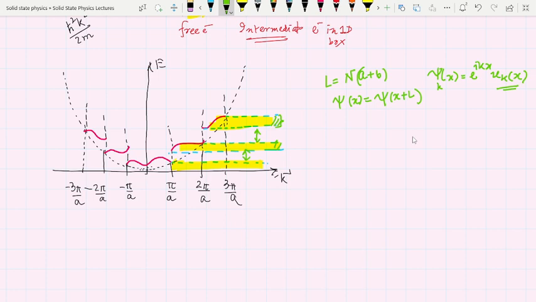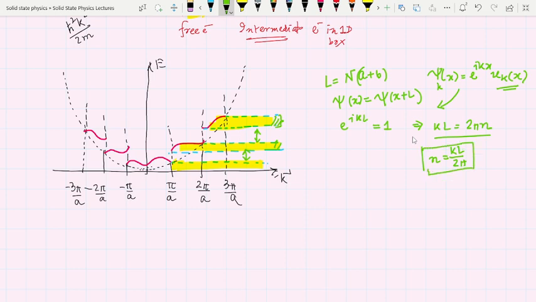And if we place these in this equation, we get e to the power ikL should be equal to 1, which means kL is equal to 2 pi n. So n is equal to kL by 2 pi.